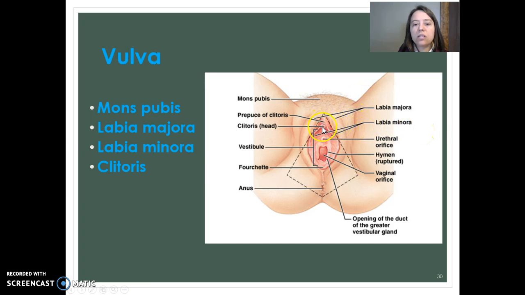The clitoris is anterior to both the vagina and the urethral opening, and it is the sensitive erectile tissue. The vestibule is this area inside the labia minora that houses the urethral opening and the vaginal opening. And then the perineum is technically this whole area in both men and women. A lot of times people will talk about just this area being the perineum.